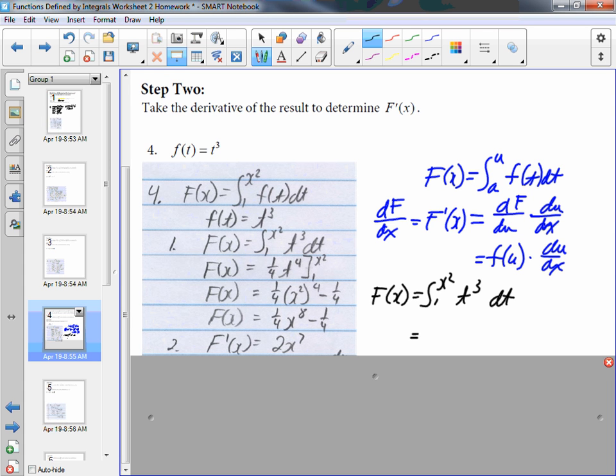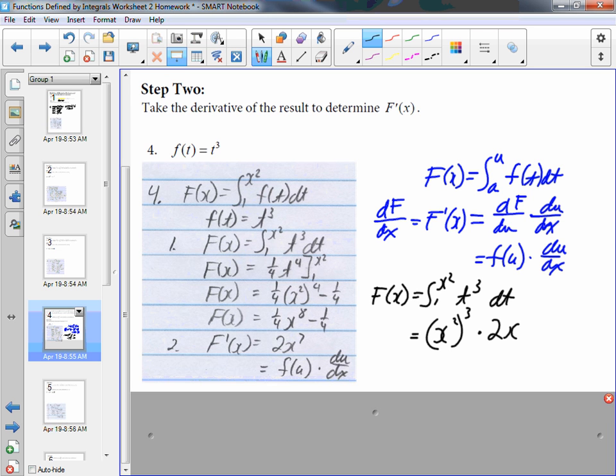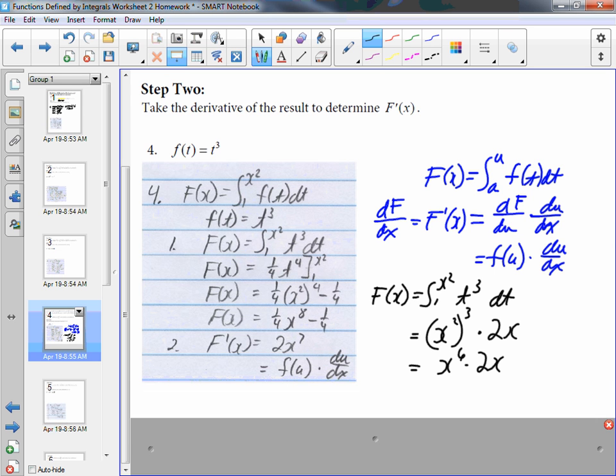So f of u. Replace the t with u. x squared cubed, and then times the derivative of u. Well, what's the derivative of x squared? 2x. Will we get the same result? That's x to the 6th times 2x. That's 2x to the 7th.